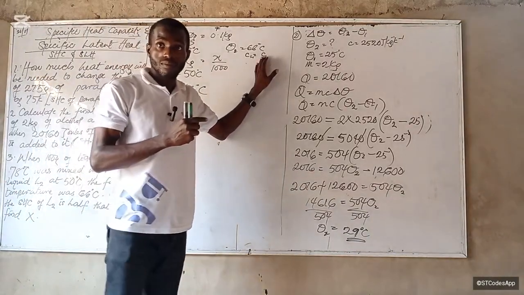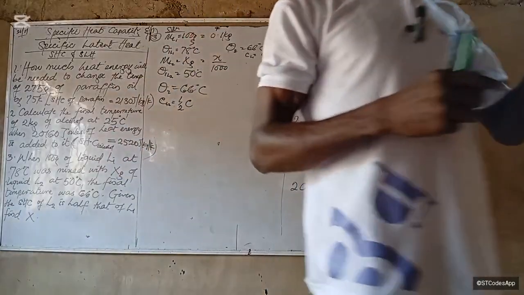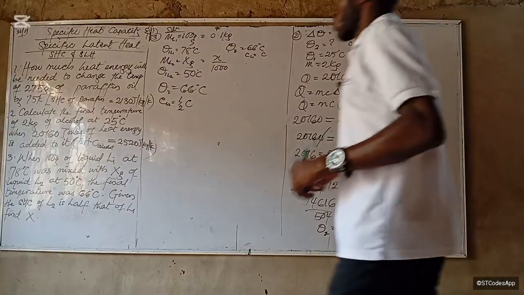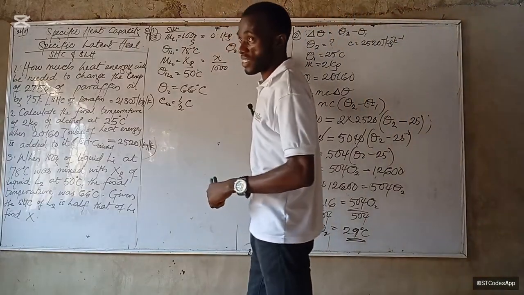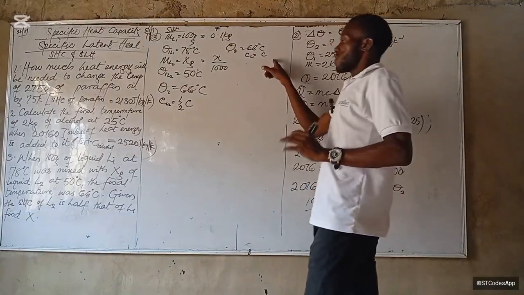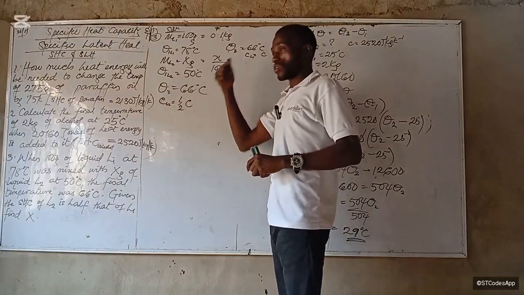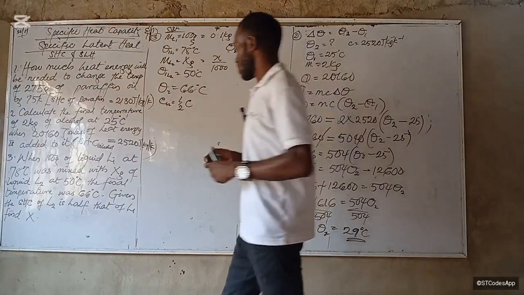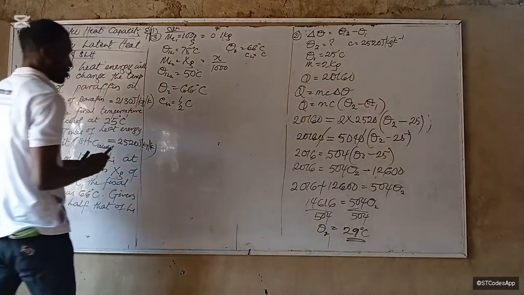Then that of L2 is half of that of L1, so that will be half of C. Does that make sense? Then we have all of this.